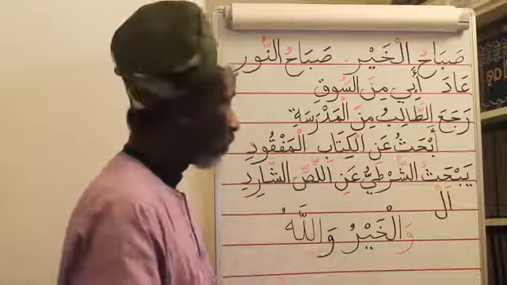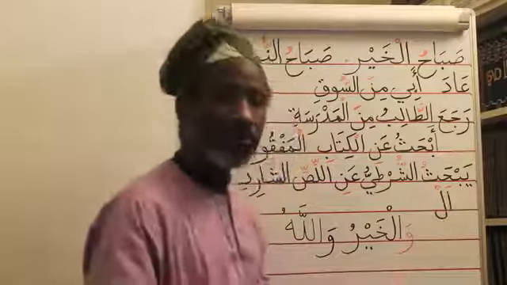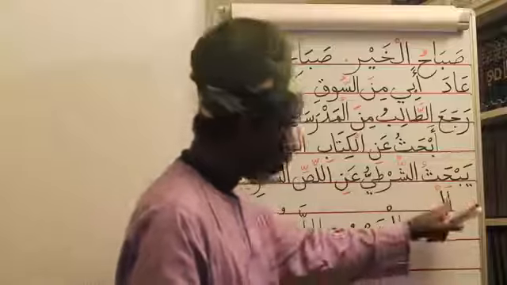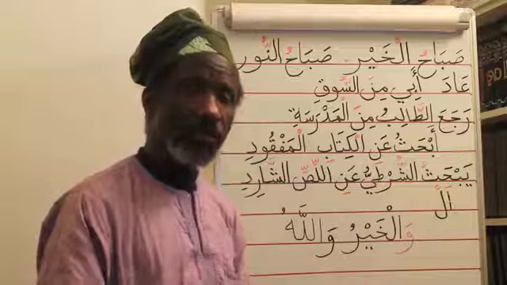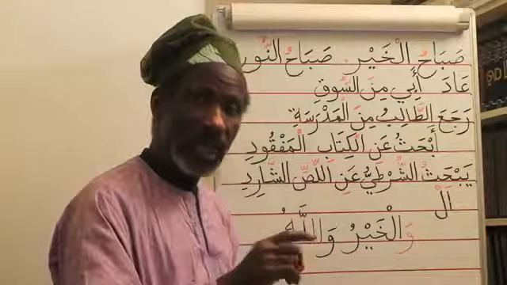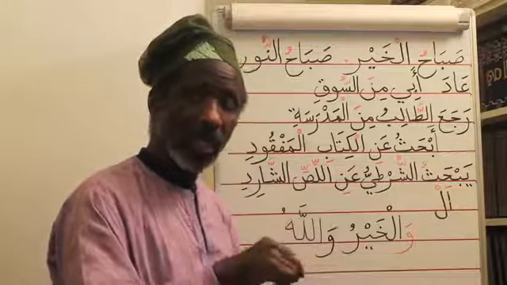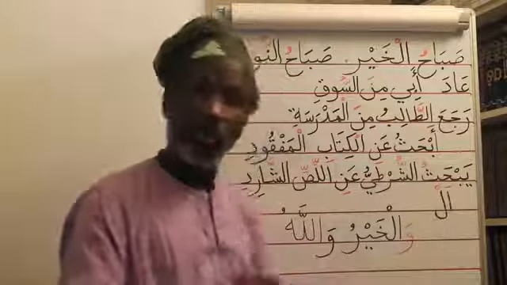That's one principle. So now let's move back to the L. The lam of L, we've already learned that if you have a sun letter attached to it, that sun letter will be carrying shadda, and therefore the sukun on the lam will be suppressed.